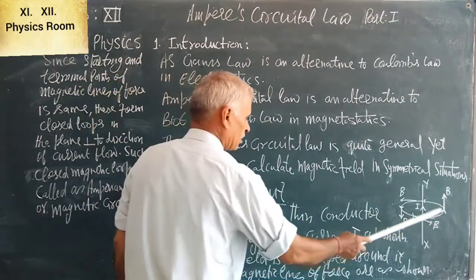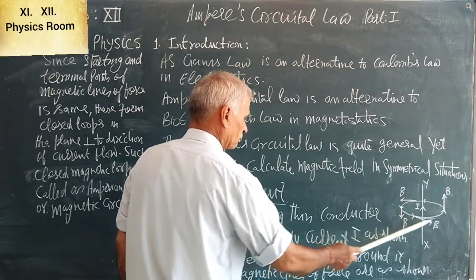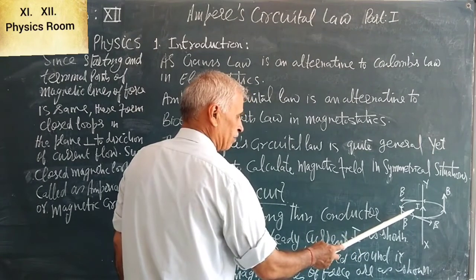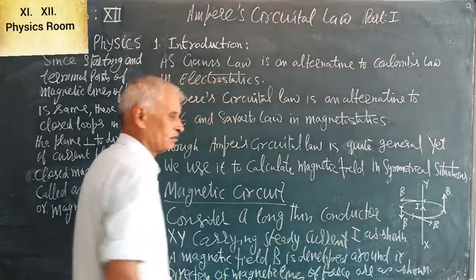Now this magnetic loop is in a plane perpendicular to direction of flow of current.